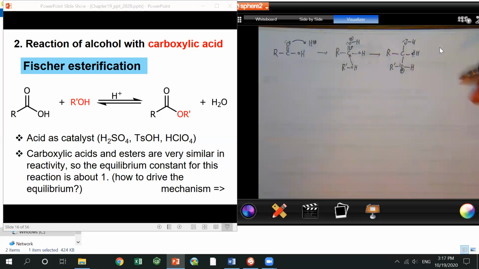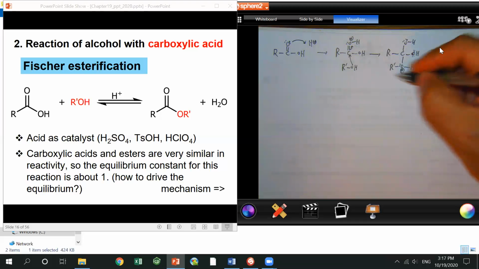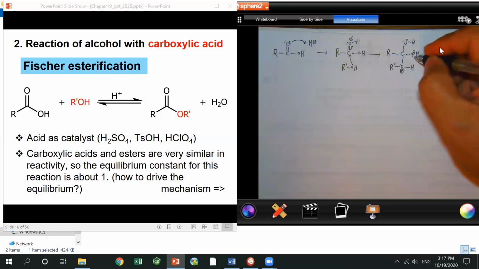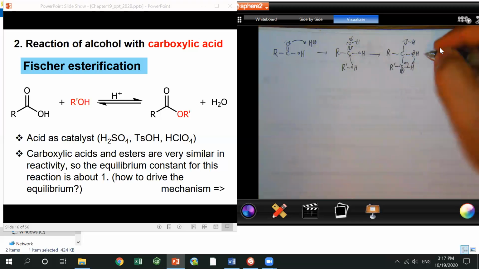And so these lone pair electrons on the OH, okay. So maybe here the OH will pick up the proton from this original alcohol, okay. So if you do an intermolecular transfer, that's probably also okay, okay.